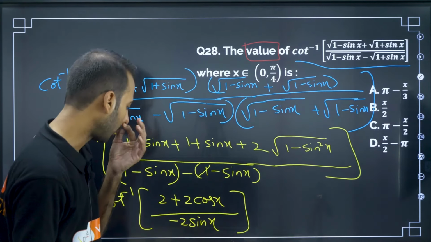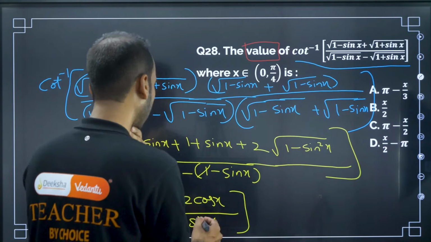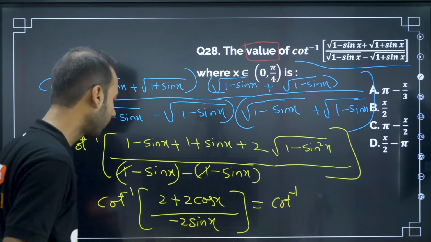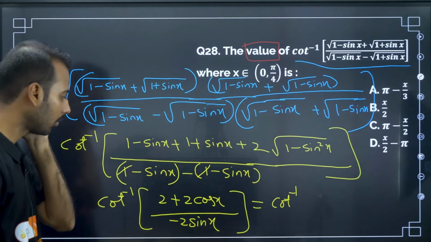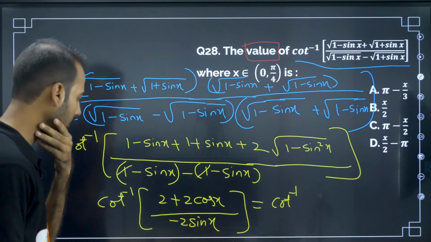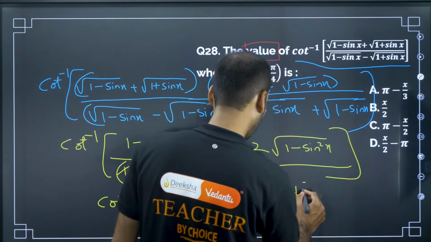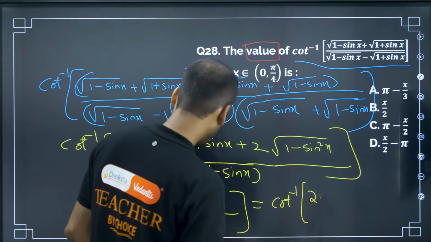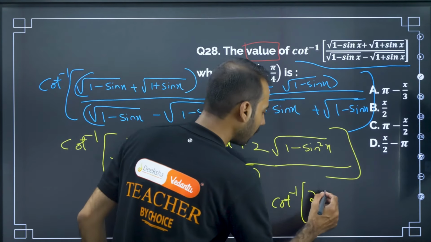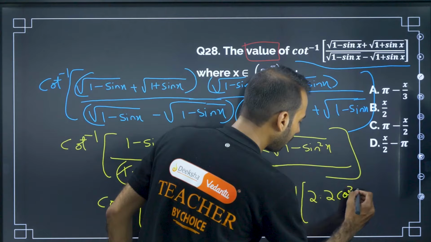If I take 2 common, here we are left with cot inverse of 2 times 1 plus cos x. 1 plus cos x is 2 cos square x by 2.